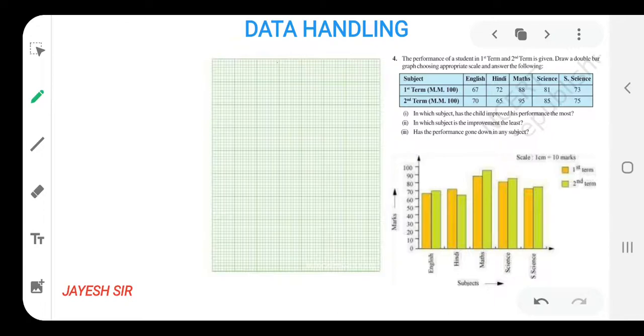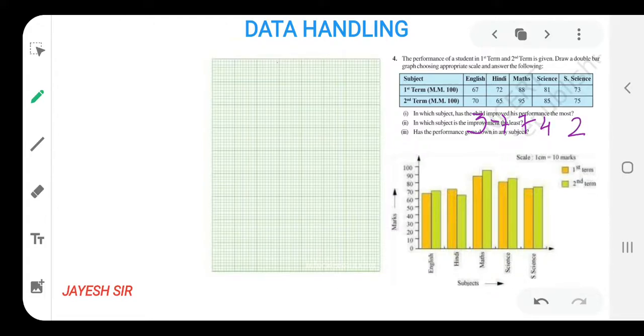This is the basic thing you have to keep in mind while solving, as you can be confused. Here it is talking about improvement, that means the marks should be improved only, not degraded. We don't have to see the degraded. Here 3 marks were improved, here -7, here 7, here 4, and here 2.